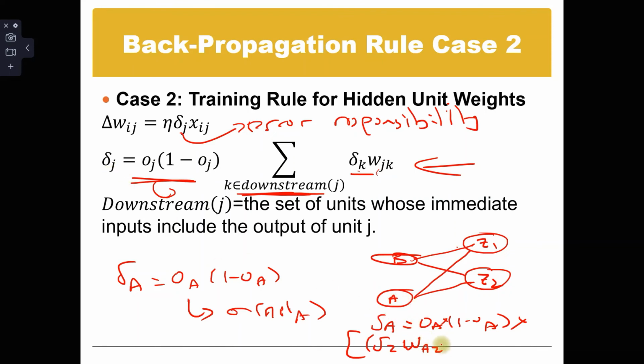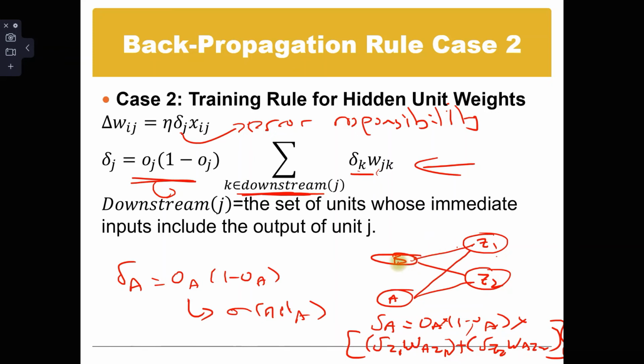Then a plus, because you need to add delta Z1, excuse me, plus you have to do the same thing, delta Z2, WAZ2. This is what you would have had to do if you had more than one output node.